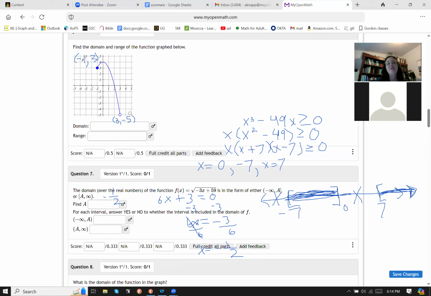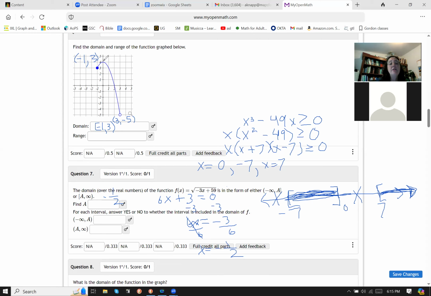So our domain is from -1 to 3, where we put bracket -1, comma, all the way to 3 parenthesis. And then on our range, the possible Y values, the lowest Y value in any of the ordered pairs along here is -5, not touching it, but up to it.